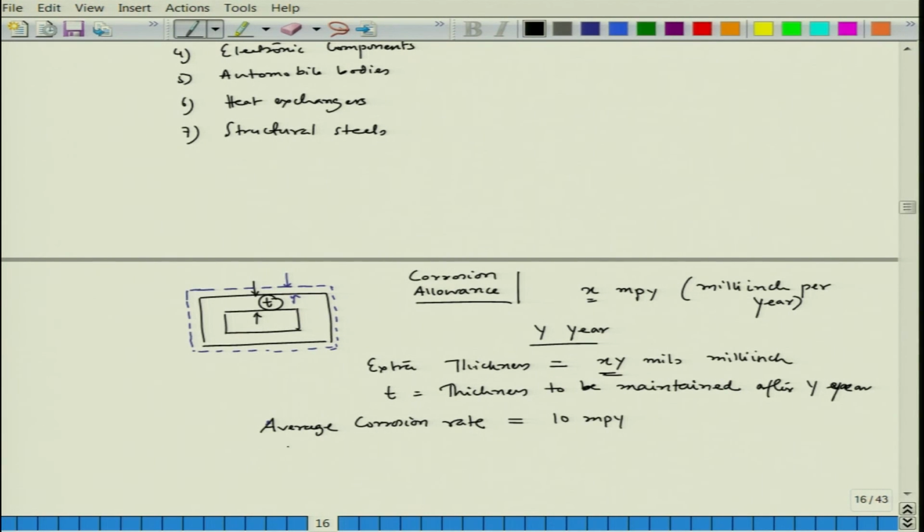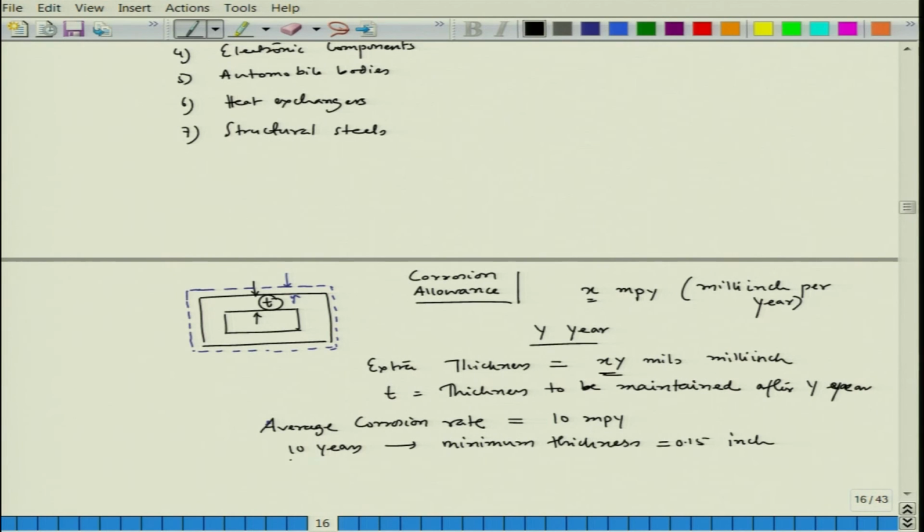Now, I want to serve for 10 years, and after 10 years the minimum thickness of that component should be, let us say, 15 milli-inch, or let us say 0.15 inch. This is the thickness I want to maintain.